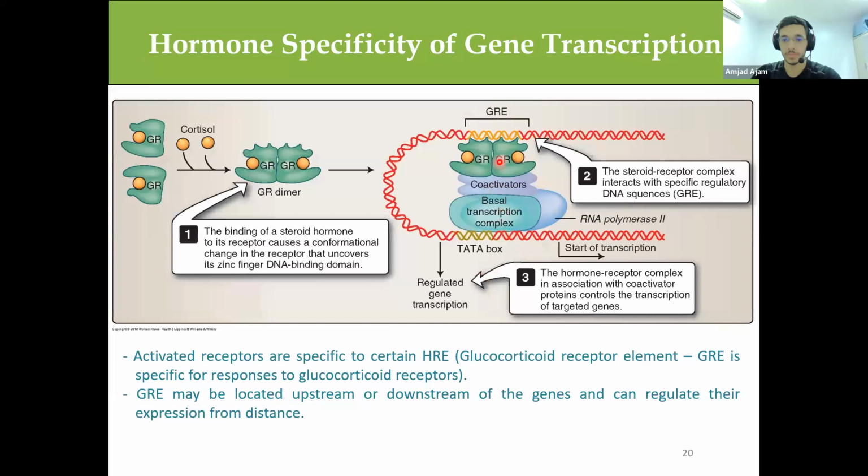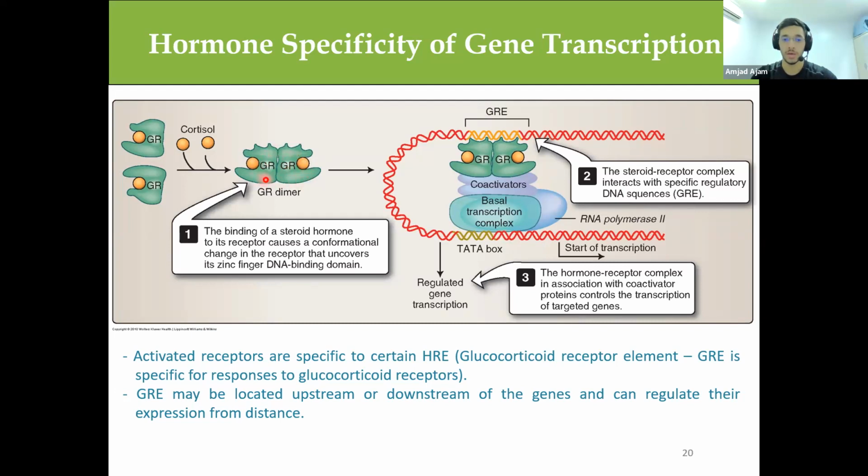Right. The last concept is hormone specificity, which basically means that for each steroid hormone, we have a specific receptor that it binds to. Let's take an example of cortisol. Cortisol will bind to its specific receptor, called the glucocorticoid receptor.